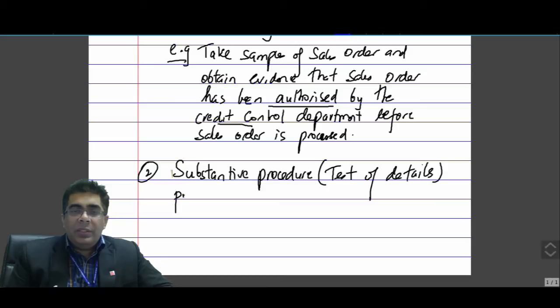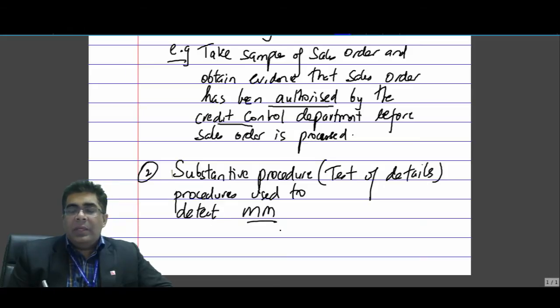These are procedures used to detect material misstatements, to reduce audit risk to an acceptable level.